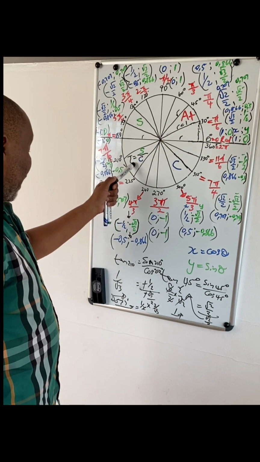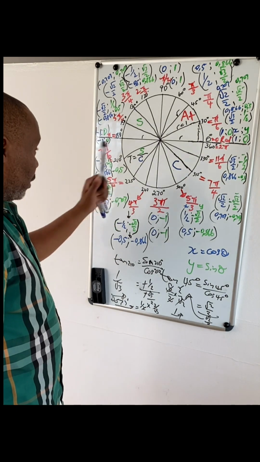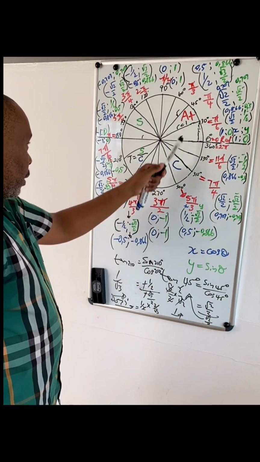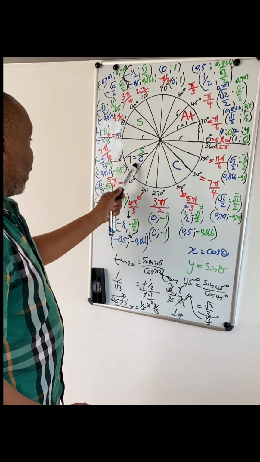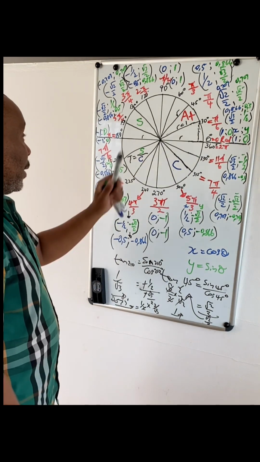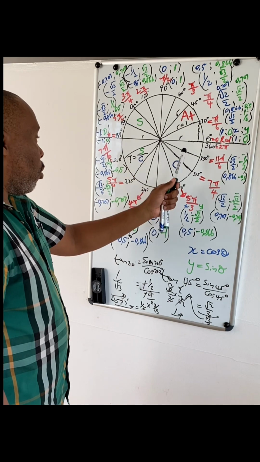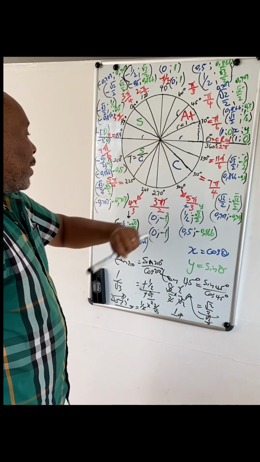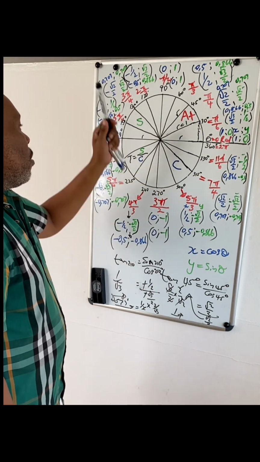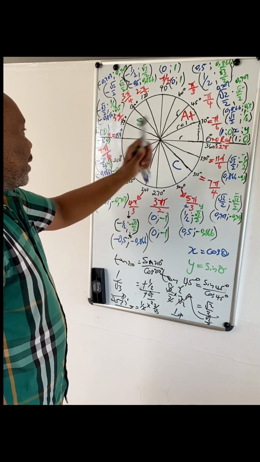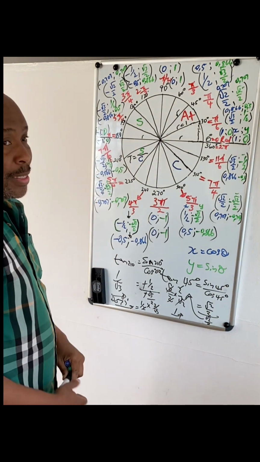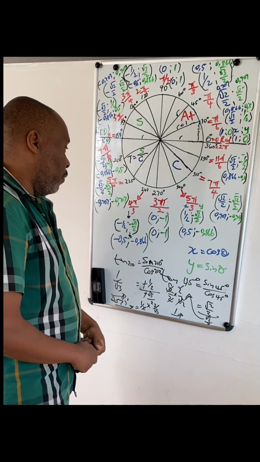Why? Because the tangent is positive in the third quadrant. I think I've explained all of them. Third quadrant and the first quadrant, tangent is positive. Fourth quadrant and first quadrant, cos is positive. Second quadrant and first quadrant, sine is positive.